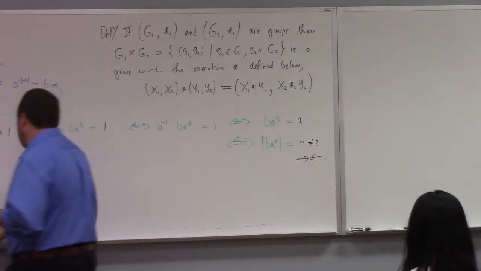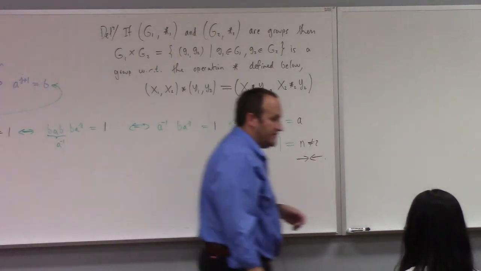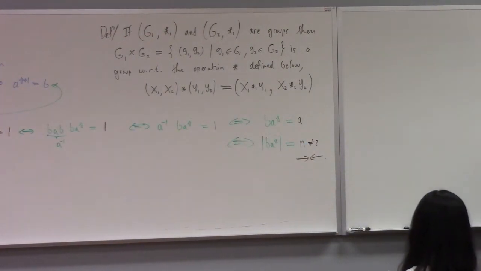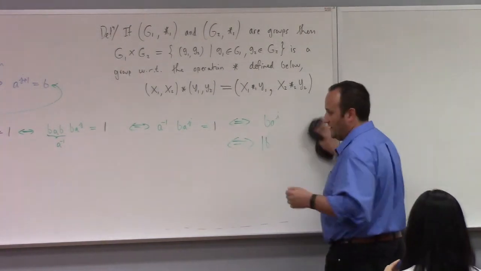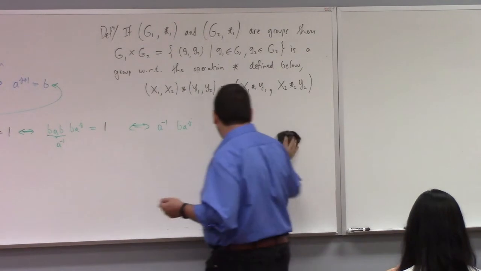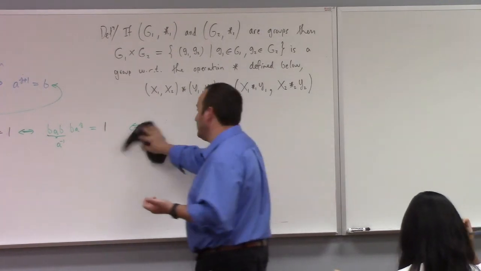So this is the so-called direct product of G1 and G2. And we can prove that the star that I just wrote down in fact defines a group on the Cartesian product. Let's go through that.